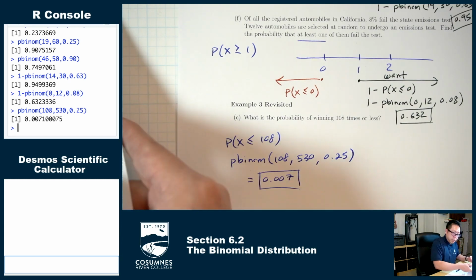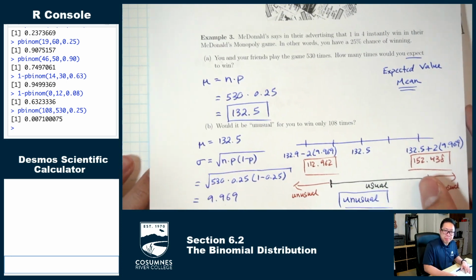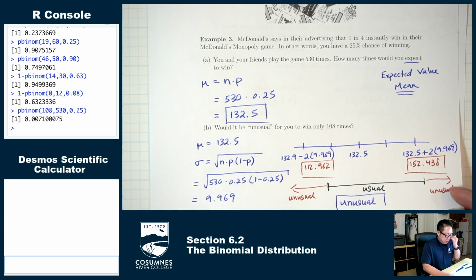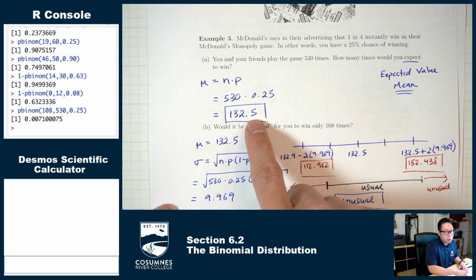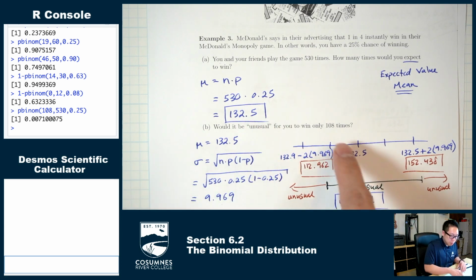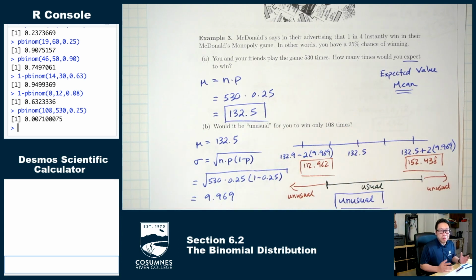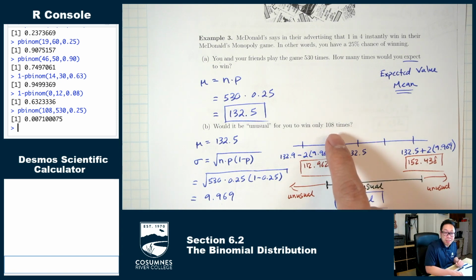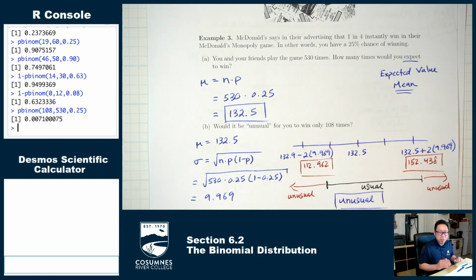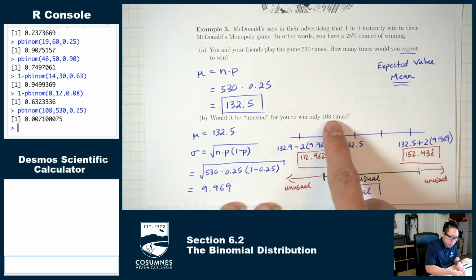Okay, so McDonald's was saying that, you know, sometimes you win more than 132, sometimes you win less, right? Winning 108 times is normal, right? Sometimes you're higher, sometimes you're less. We were just unlucky and we won less. So McDonald's is saying this is normal. So we said that, no, 108 is unusual.